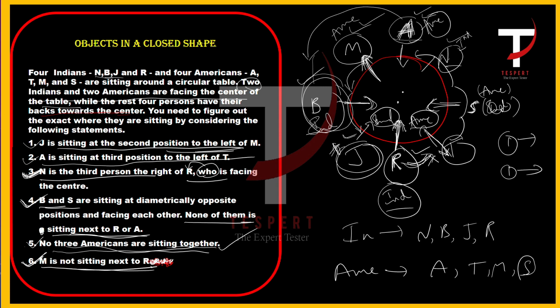So 2 Americans and 2 Indians already face the center. So J and T must be away from the center, because the rest 4 members have their backs towards the center, that means all the remaining must be away from the center, right? I know it's a little bit clumsy here, but just try it once.